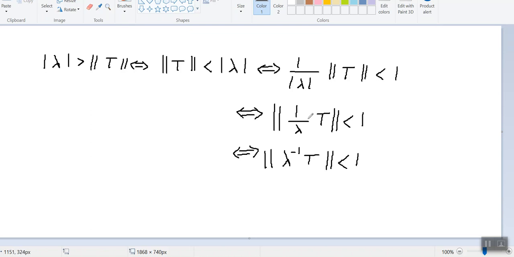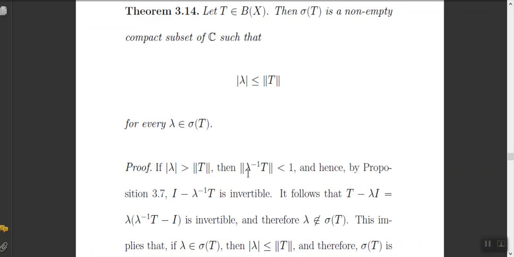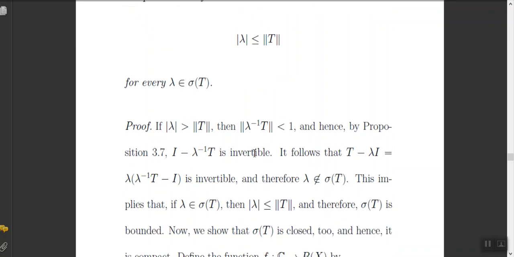And 1 over lambda means lambda inverse, the multiplicative inverse of lambda. So we have the norm of lambda inverse t is less than 1. So you can see lambda inverse t is an operator of norm less than 1.